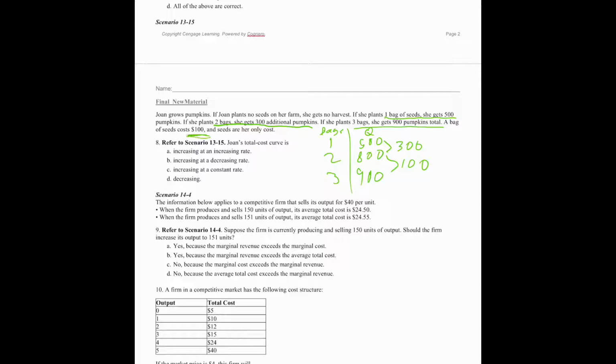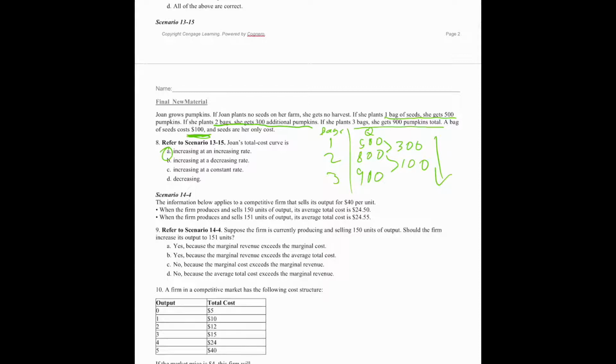Her costs are always $100, but her additional quantity goes down for each $100 she spends. So then her total cost curve must be increasing at an increasing rate. Right? It's getting more and more costly at a quick rate because each bag costs the same but actually gives less output.